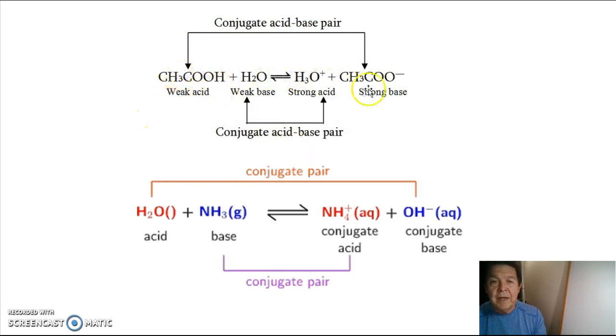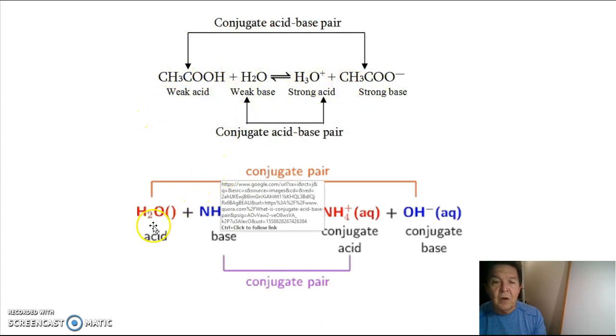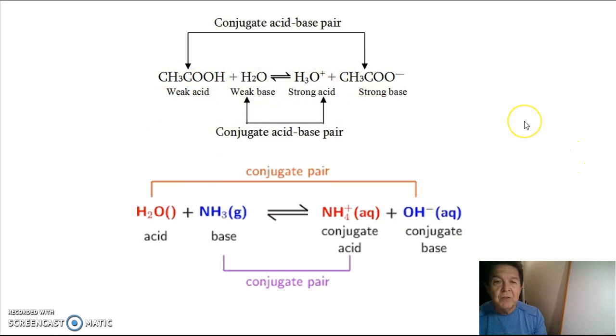In an equilibrium of a weak acid or a weak base, we have to distinguish which one is the acid and which one is the base. The acid always is the donor of protons, while the base or conjugate base is the one that is acceptor of protons.